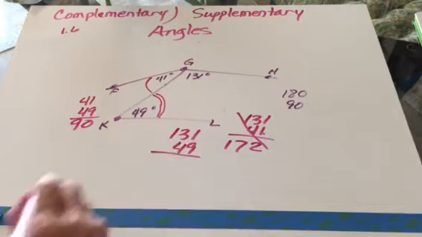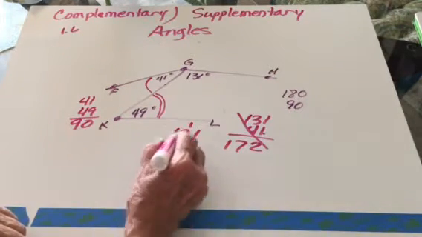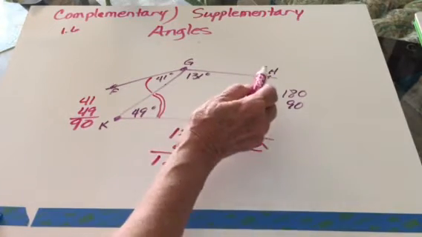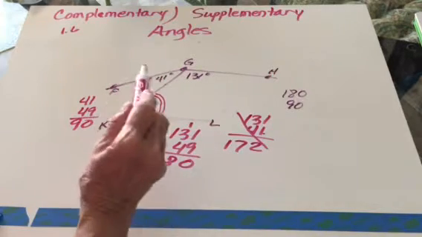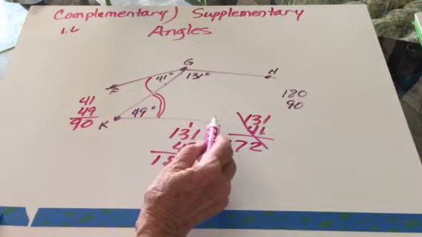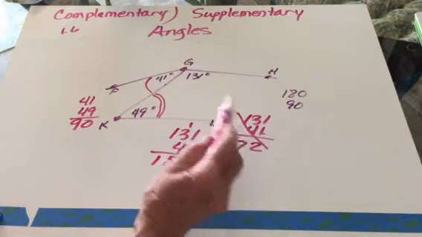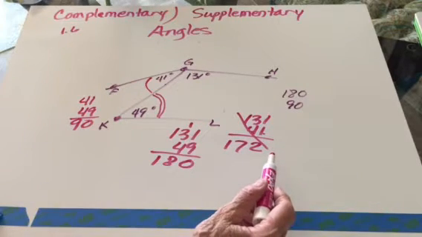Is that going to add up to 180? 10, carry the 1? Yeah, it is, look. 180. So those two angles, angle HGK plus angle GKL equals a supplementary angle, equals 180 degrees. All right?